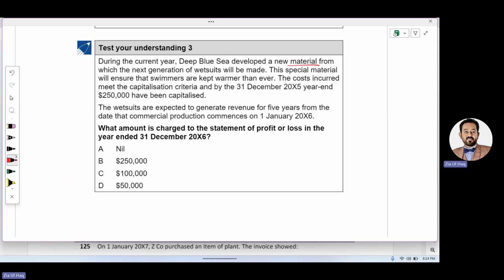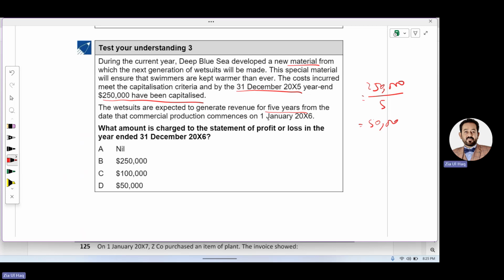The cost incurred meets the capitalization criteria, and by 31st December 20x5, the year end, 250,000 have been capitalized as development cost. The wetsuits are expected to generate revenue for 5 years. This is the life. So what is the amortization? 250,000 over 5 years will be 50,000.